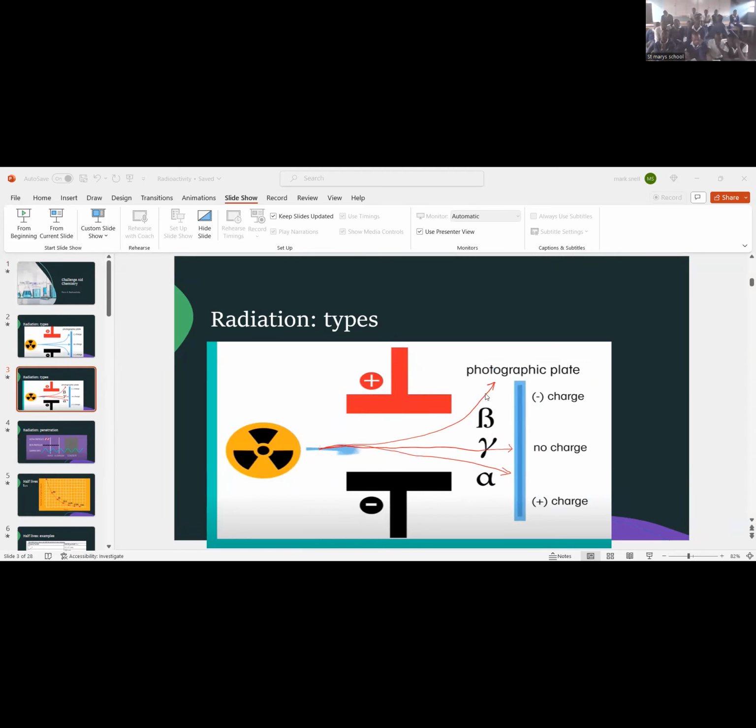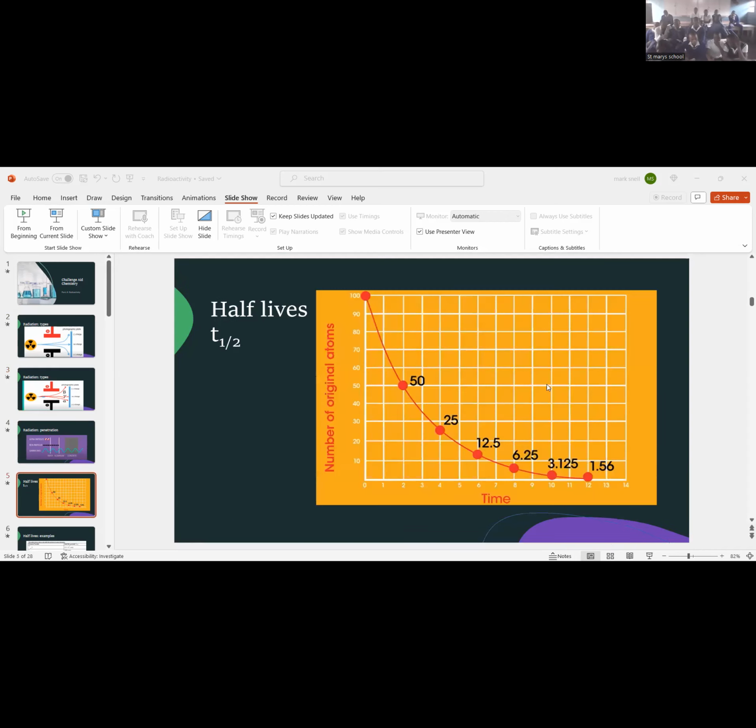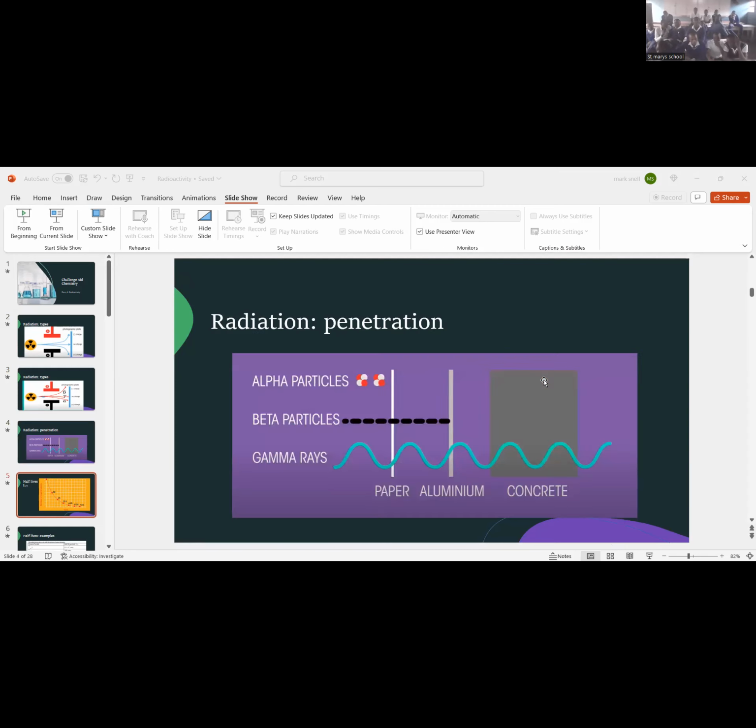They have much less mass, whereas alpha particles are difficult to turn because they are heavy. Gamma rays go straight on. Alpha particles are stopped by paper, beta particles by aluminium foil, gamma rays only by several centimeters of lead.